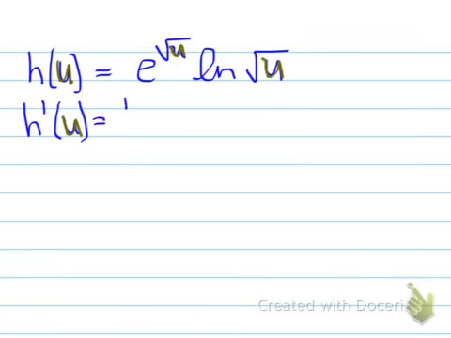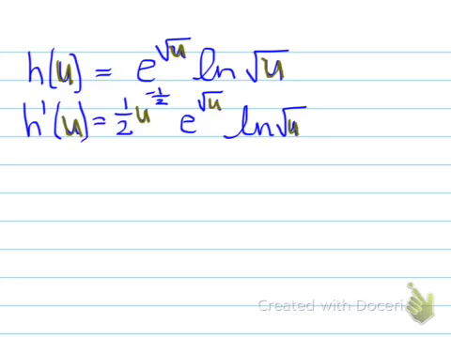So we take the derivative of the first, which is 1/2 u to the negative 1/2, e to the root u, because e to the power stays e to the power after you take the derivative, and then you just do the derivative of the power beside it, times ln root u, and then, because we're using the product rule, we need to take the derivative of the second now, so plus e to the root u, which is the first, times the derivative of the second.